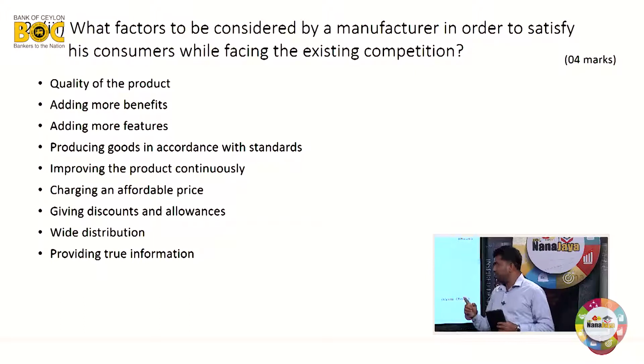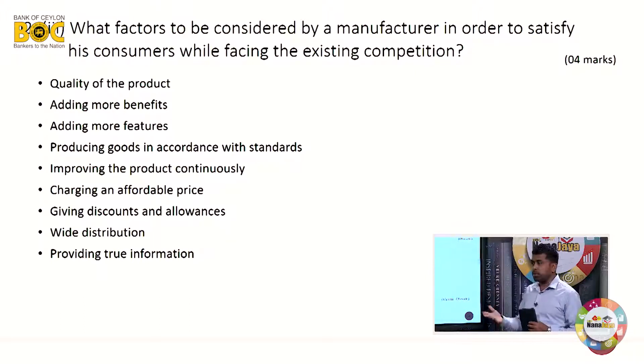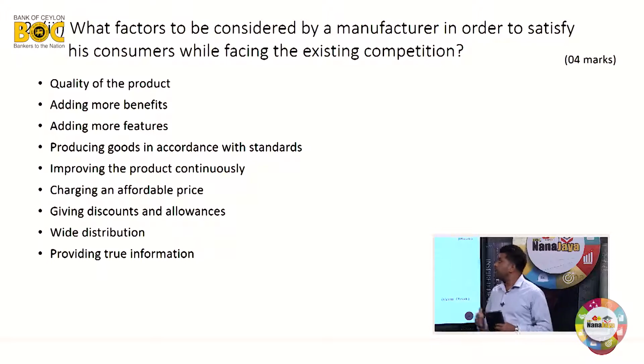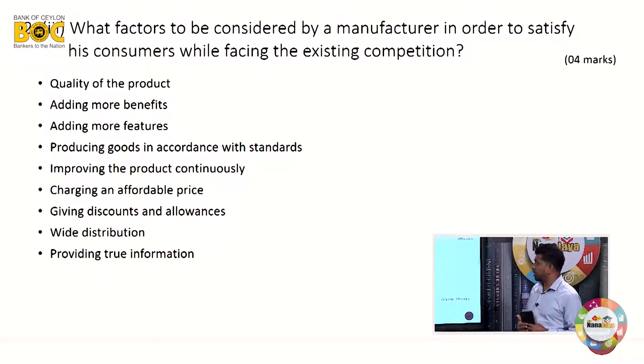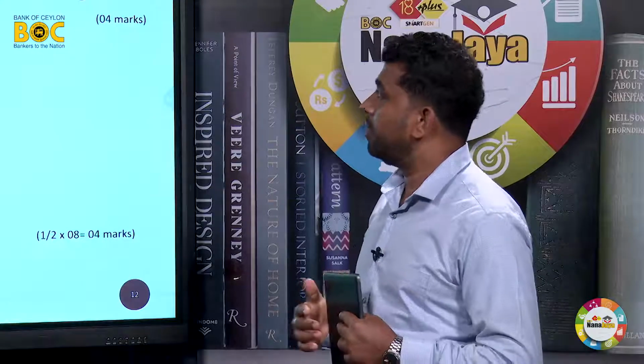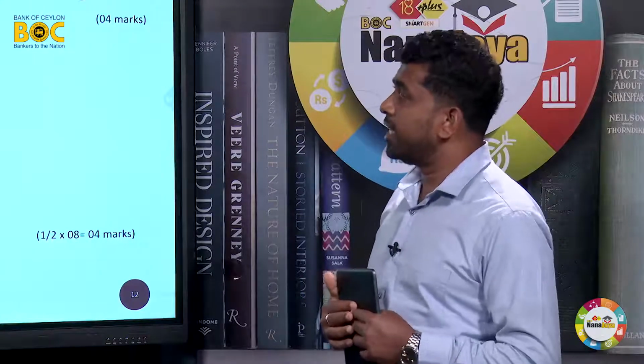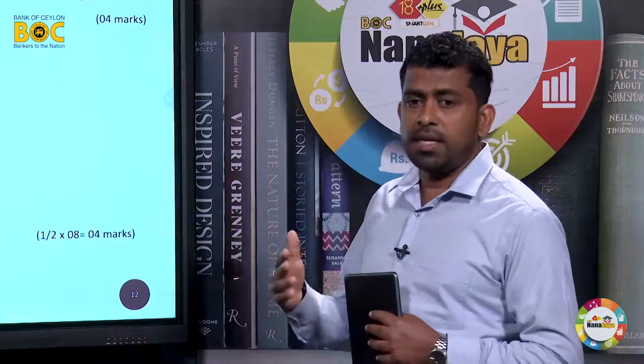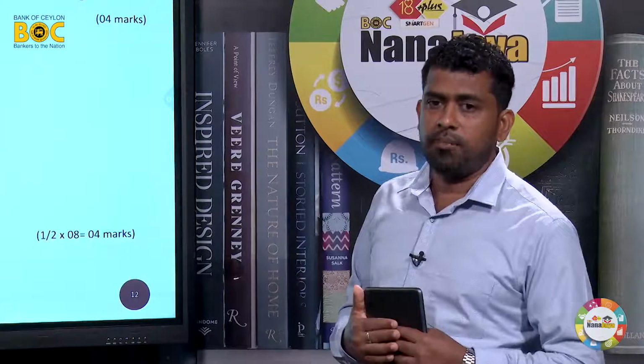Wide distribution means making easy access to the products, goods and services offered by the manufacturer or the trader. Providing true information, that means explaining merits as well as demerits related to the product. So it enhances consumer satisfaction as well as making it easy to compete with his competitors.